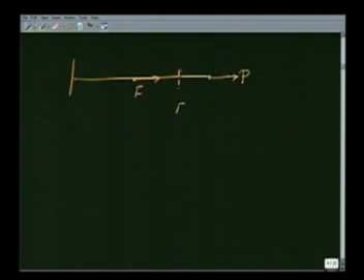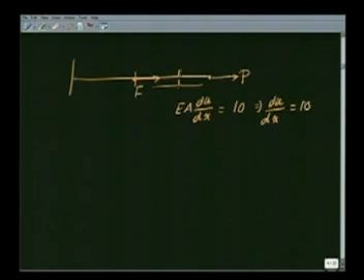We'll get EA du/dx in this region up to this point x equal to half is equal to 10, which implies du/dx here is equal to 10, which is a constant. So u, I'll call this part as the part with solution 2.